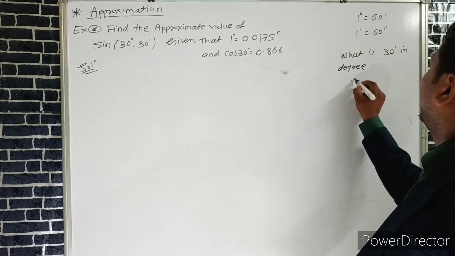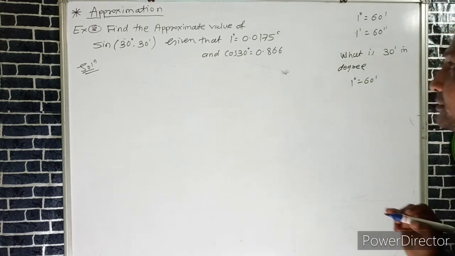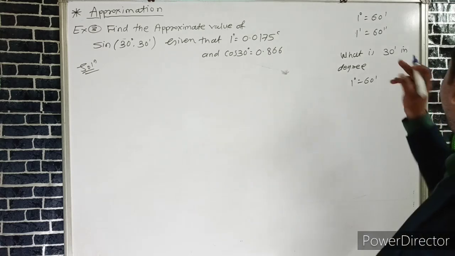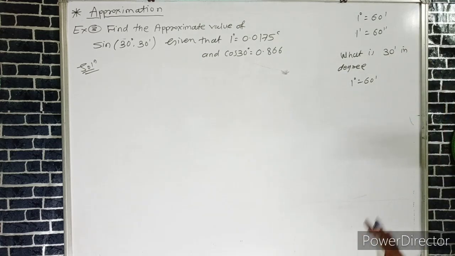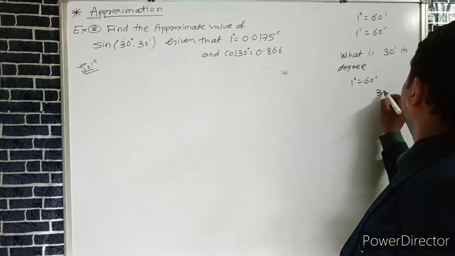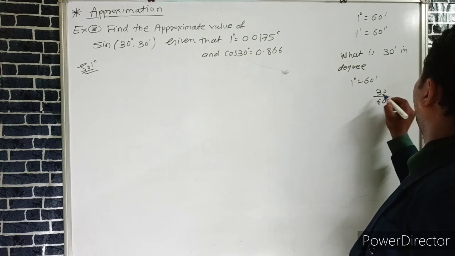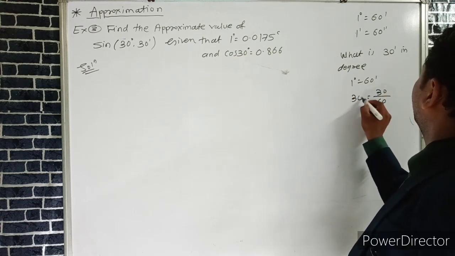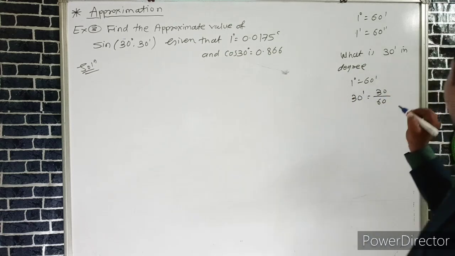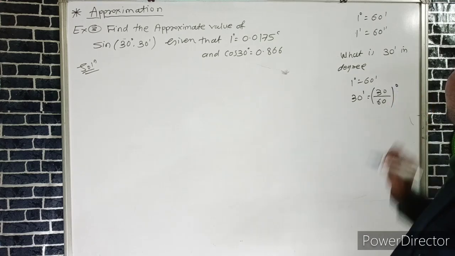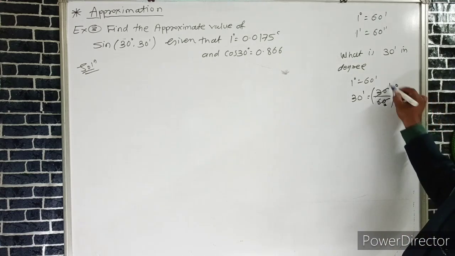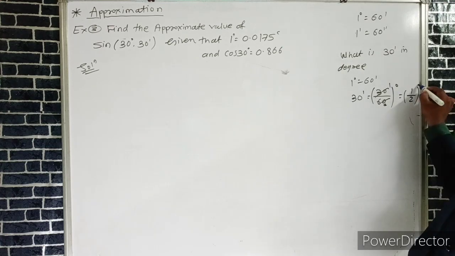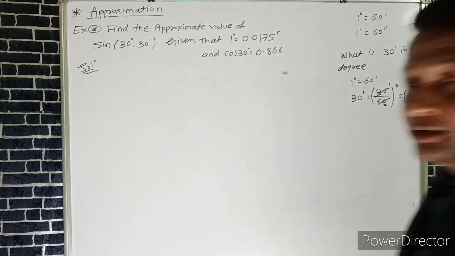We know that 1 degree is equal to 60 minutes, so we have to find the value of 30 minutes. If we divide 30 by 60, we get 30 upon 60, which is 30 minutes in the form of a degree. So we can write 1 by 2 degree is the value of 30 minutes.